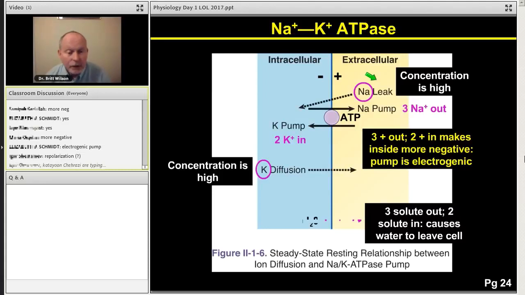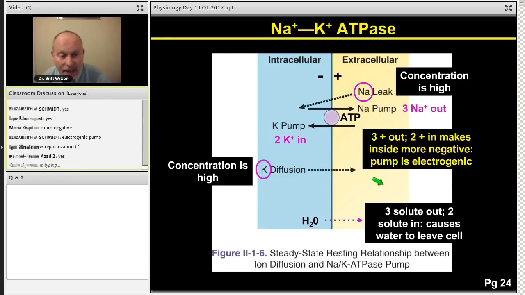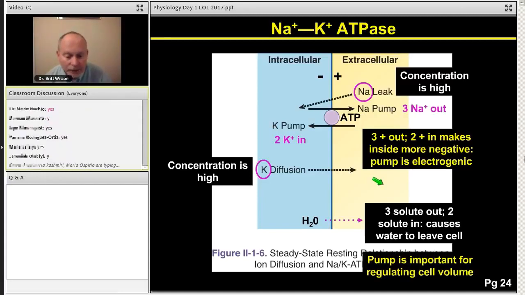All right, do you agree? 3 solute out, 2 solute in. Net effect is that's going to tend to pull water out. Got 3 solute leaving, only replacing it with 2. Got a net solute loss of 1. This pump is also important for regulating cell volume. So sodium-potassium ATPase, darn important pump.